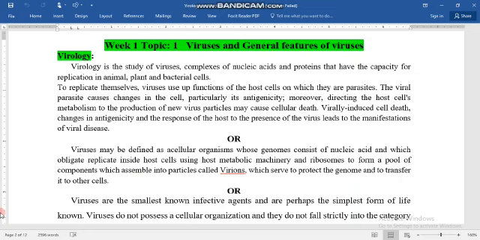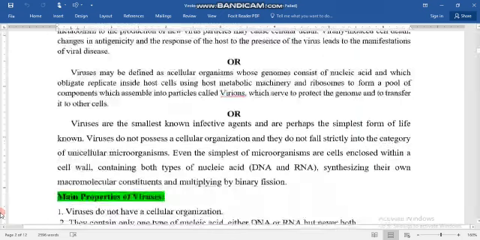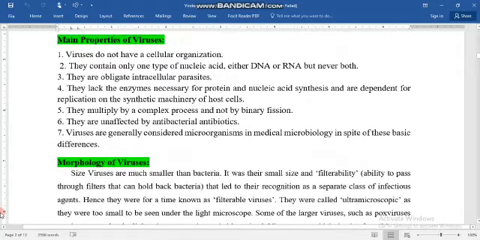These viruses are much smaller in size, and most of them are pathogenic. Still, some viruses do not cause diseases, but the name virus indicates pathogenic organisms because they cause different types of diseases.